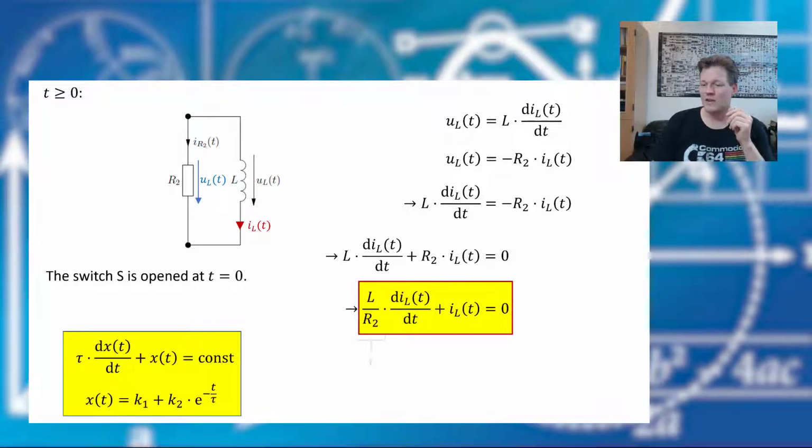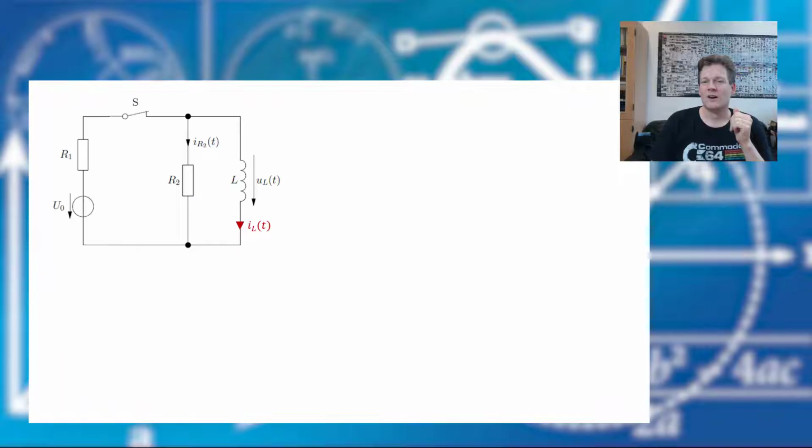And we know that this here is the time constant tau. And now we know the solution for that. It's here in the lower left box, the last line. So we know this here is the solution, but we still have these unknown constants K1 and K2 in it.